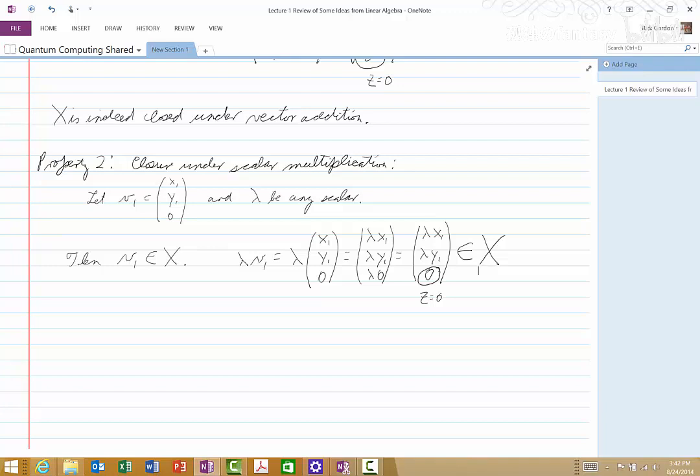And therefore, x is closed under scalar multiplication.